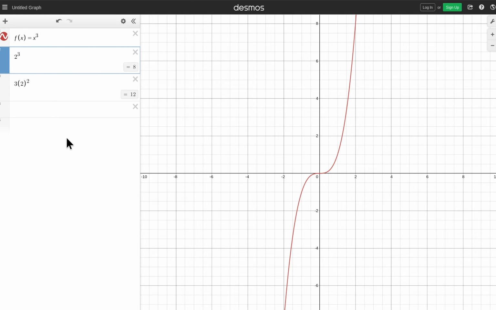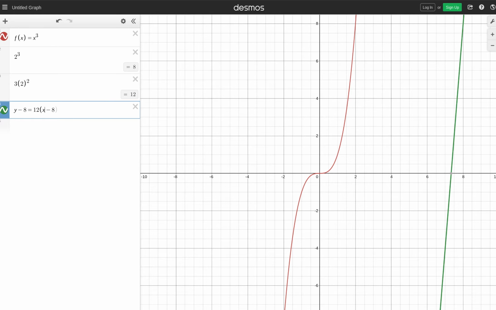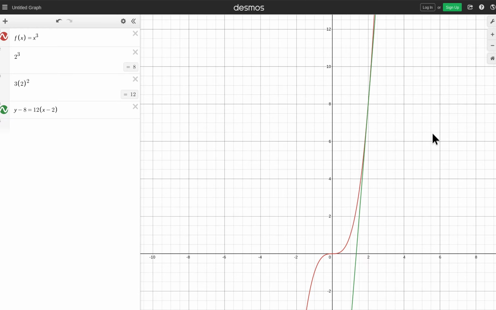And now we can use the point slope formula when you're given 1 point and the slope to write this out. y minus 8 should equal 12 times x minus 8.